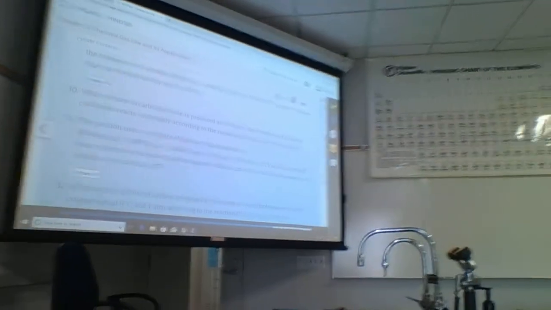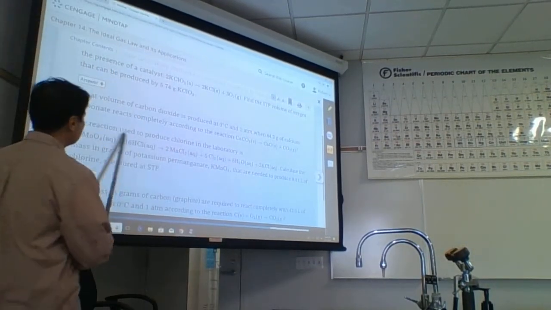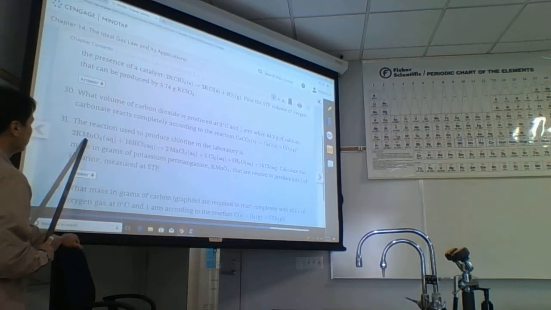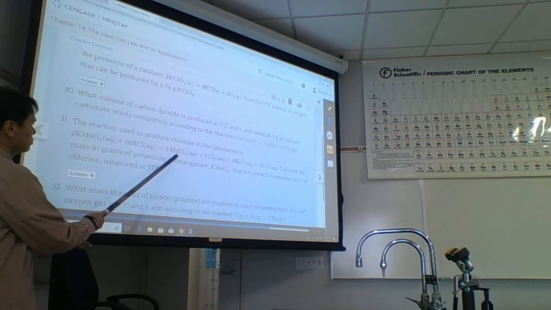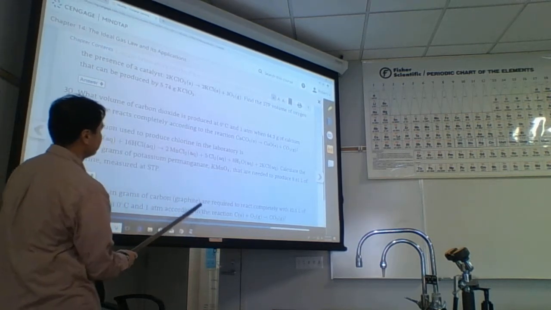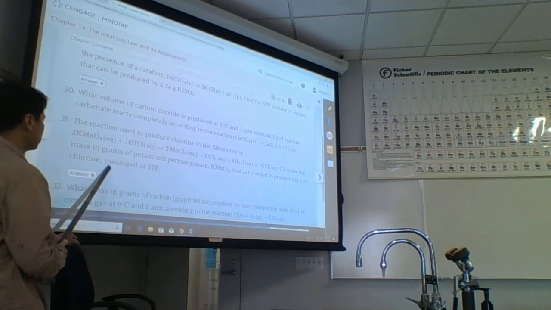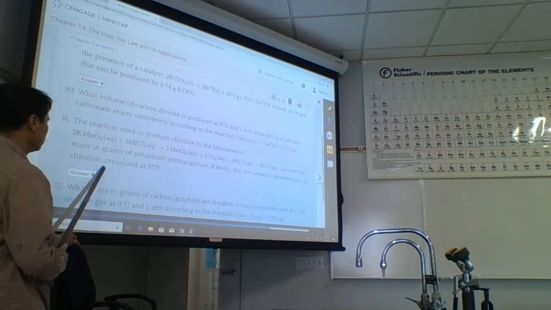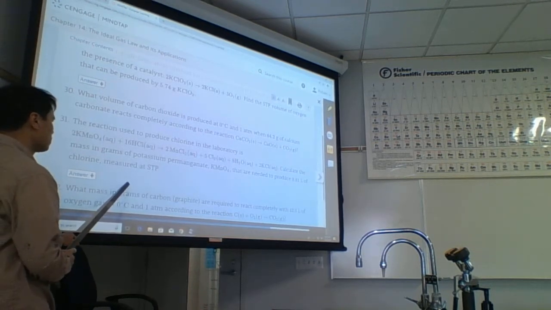So let's take a look at another gas problem here. Number 31. The reaction used to produce chlorine in the laboratory is 2 KMnO4 plus 16 HCl yields 2 MnCl2, 5 Cl2, 8 H2O, and 2 KCl. Calculate the mass in grams of potassium permanganate, KMnO4, that are needed to produce 9.81 liters of chlorine measured at STP.